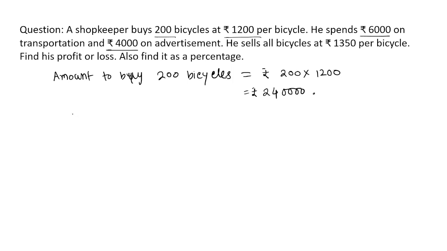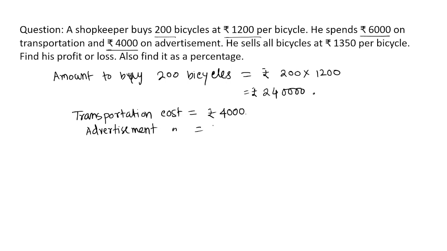Now transportation cost equals rupees 6000. Another cost, advertisement cost, equals rupees 4000.